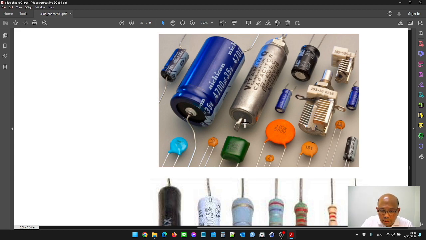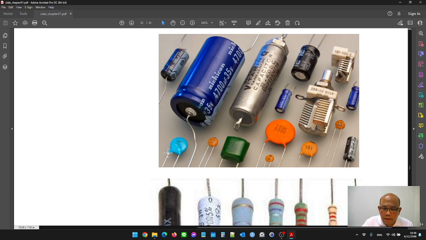And the next one here, this yellow one is called a ceramic capacitor, and the green one we call a Mylar capacitor. I think this is a tantalum capacitor.